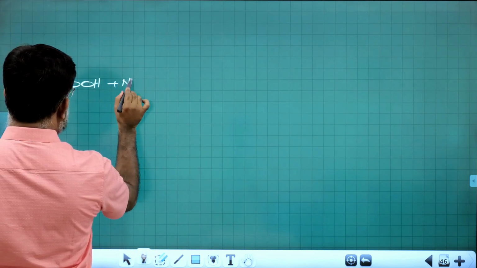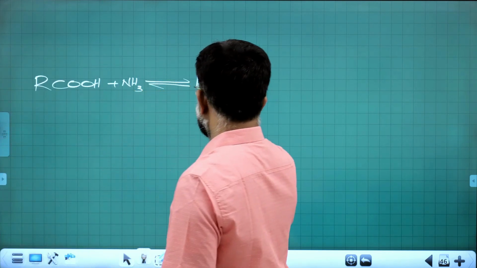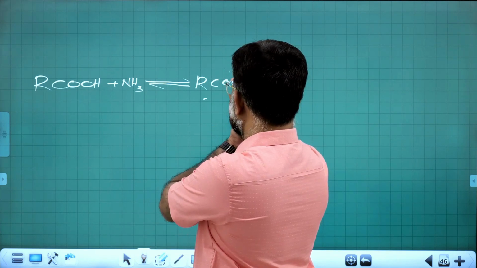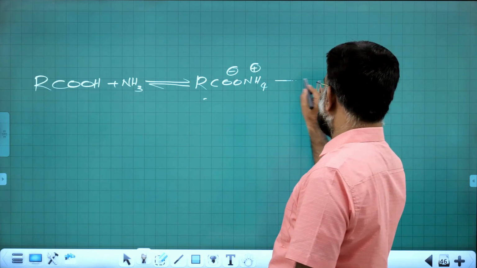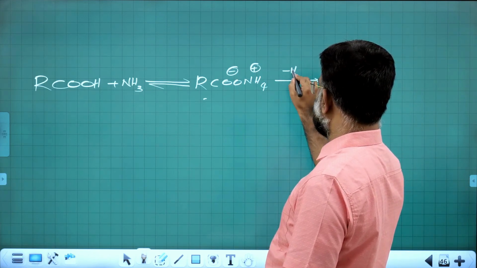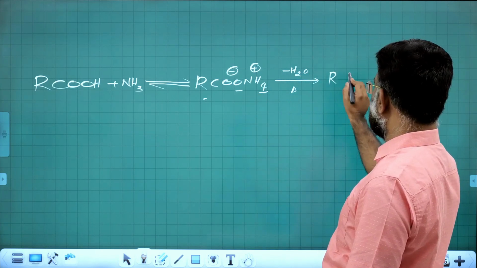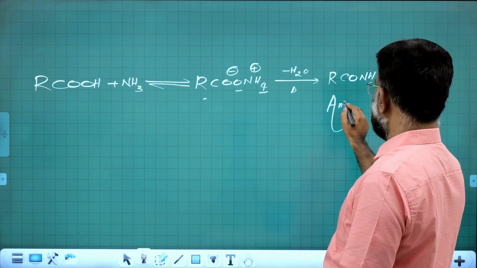RCOOH interacting with ammonia: first of all, there will be neutralization. You get RCOONH4, ammonium carboxylate, which upon heating expels water, H2O, and you get RCONH2. This is the product obtained.